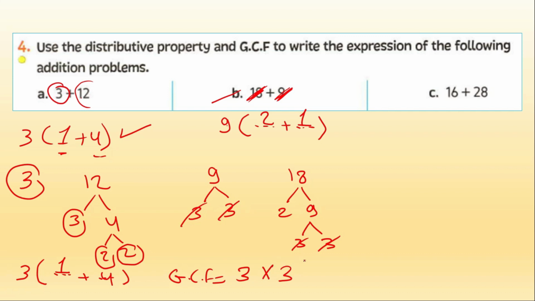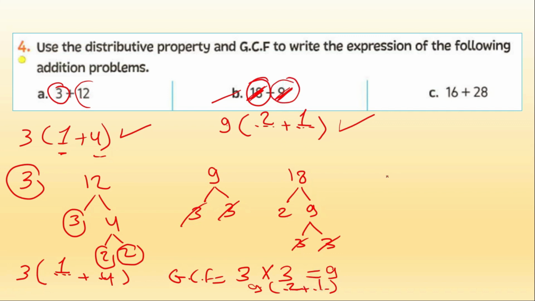Do you find any common factors else? No. So the greatest common factor is 9. We take 9 as a common factor and continue normally: 9 times 2 equals 18, the first number, and 9 times 1 equals 9, the second number.